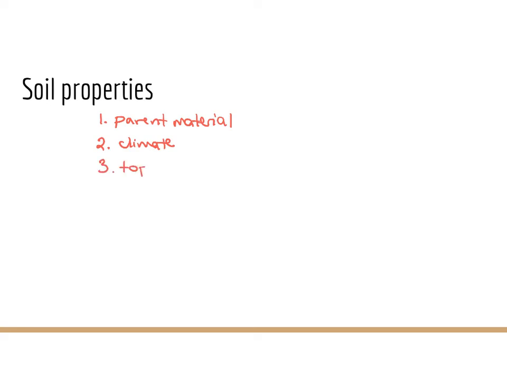Next up is topography. We sort of saw this when we were out walking in the woods with the pine forest. It's the surface slope and range of the landscape. Steep slopes, like we saw out in the woods, are going to be more subject to erosion. So you're going to get a thinner soil layer on the steep slope, and more soil accumulating at the bottom of the slope.